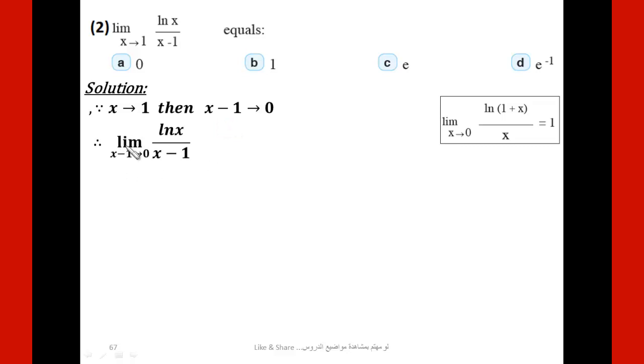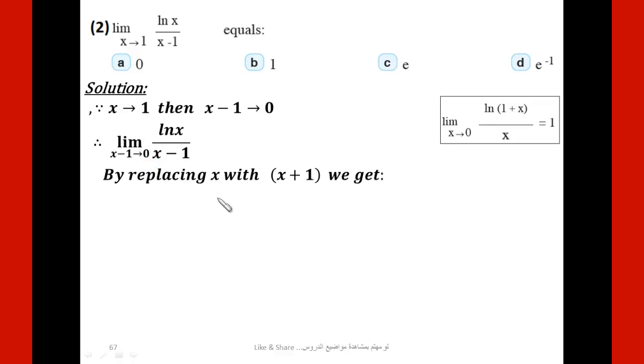Then, limit ln x over x minus 1 when x minus 1 tends to 0. We replace x tends to 1 by x minus 1 tends to 0.